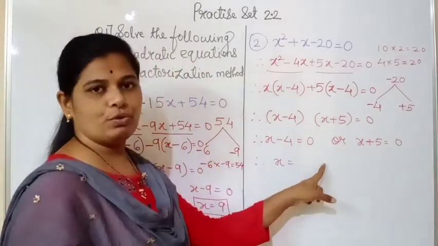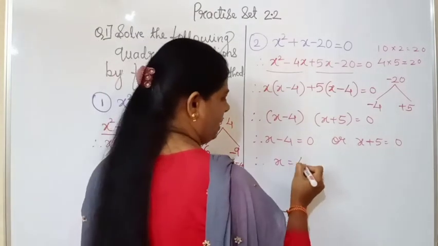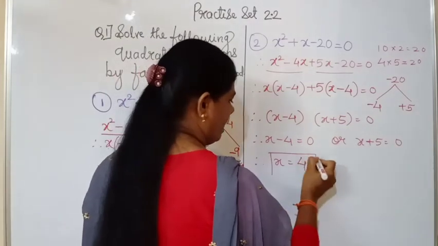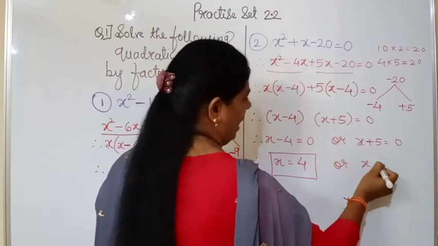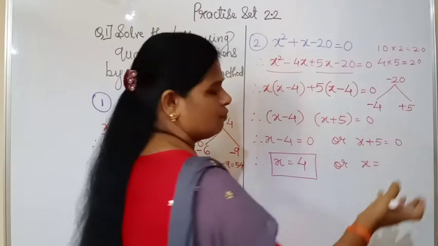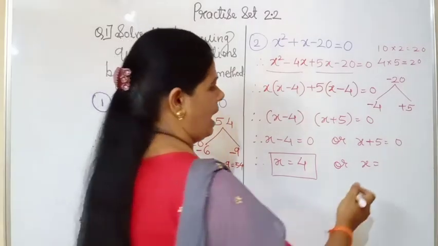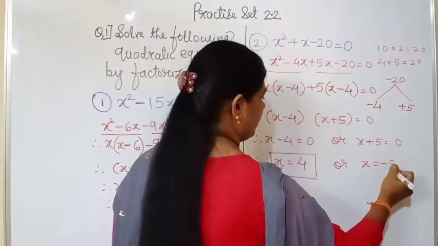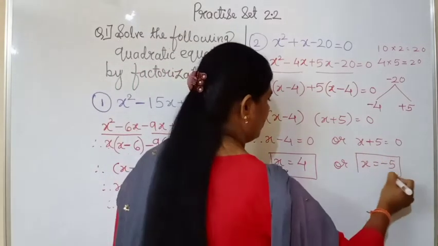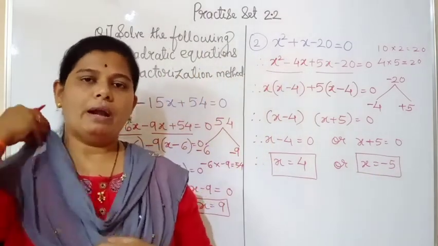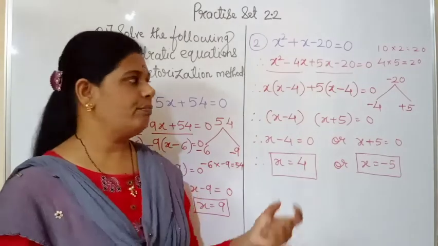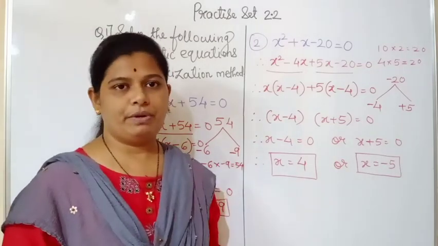Minus 4 shifts to the other side and becomes plus 4, so x equal to 4. And here x plus 5 equal to 0, so 5 goes across and becomes minus 5. So 4 and minus 5 are the solutions of the given equation.